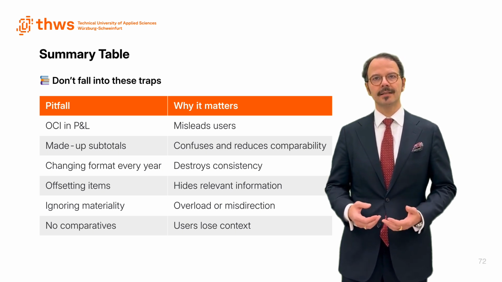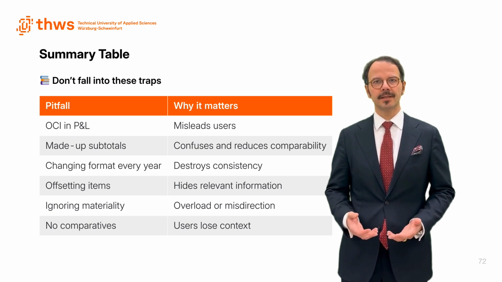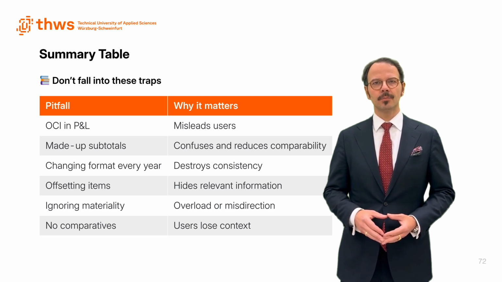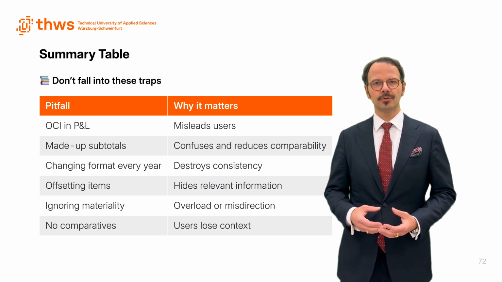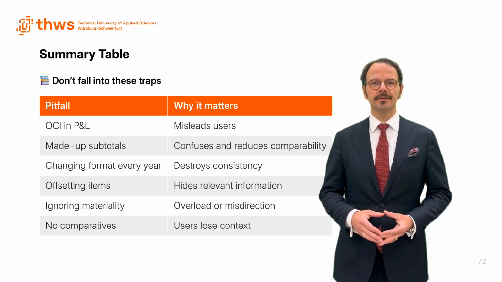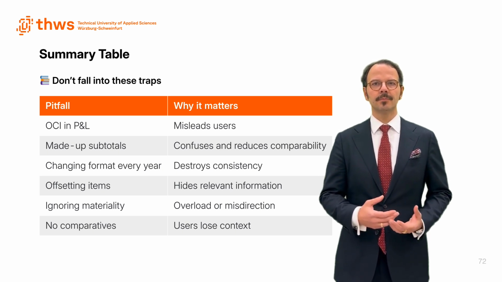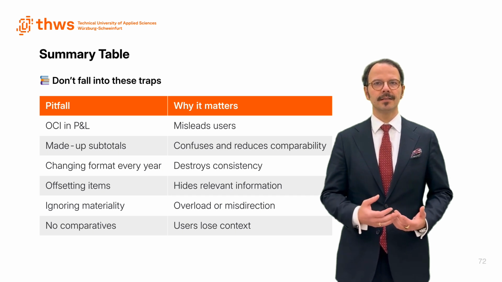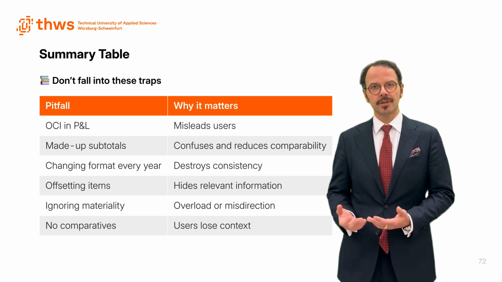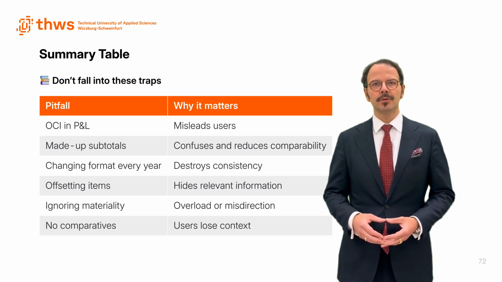Don't offset assets and liabilities or income and expenses unless a standard specifically allows it. Don't ignore materiality. Focus on what truly matters to the user, and always show comparative figures, because financial information without context isn't much help. Get these things right and you'll avoid most of the real world and exam pitfalls.